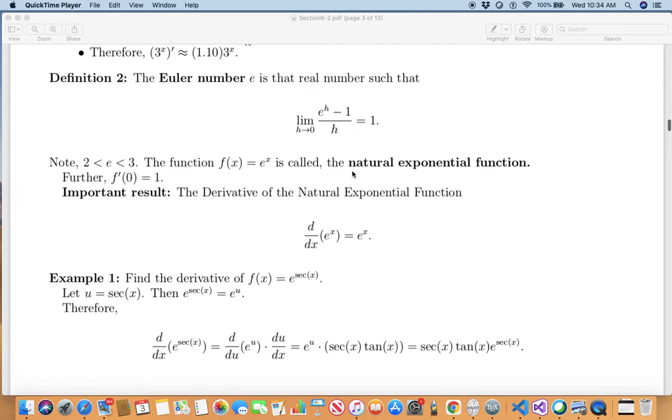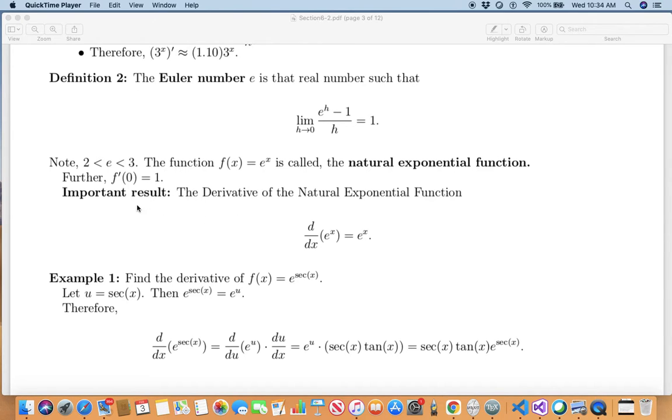So the function f of x equals e to the power x is called the natural exponential function. The derivative of f at 0 is 1. That's by design; that's how you found the number e.